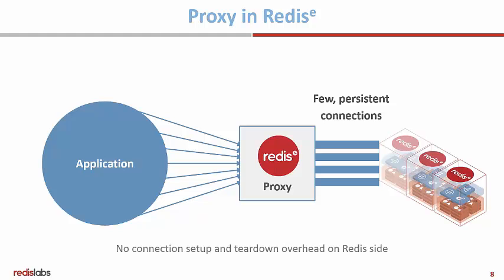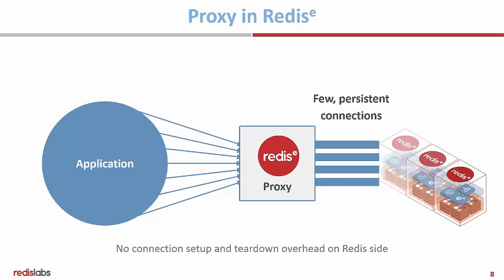So the first thing that it does is it gives your application basically a very simple endpoint to communicate with. So as the topology changes, if there might be a high availability event or a scaling out event, etc., all those topology changes are hidden from the application. They don't have to know that any of those events occurred. There's no hiccup. There's no data loss. Everything just kind of happens behind the scenes, and the application is none the wiser.